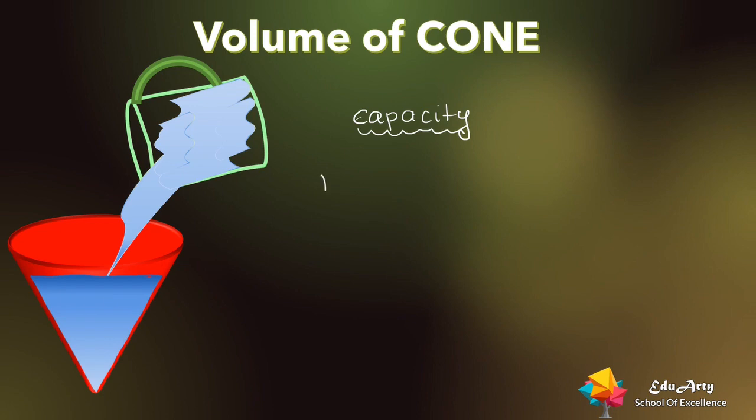So the formula for the volume of a cone, let's write the formula first. This is equal to 1 by 3 pi r square h, correct?